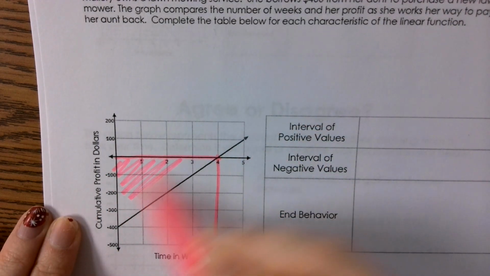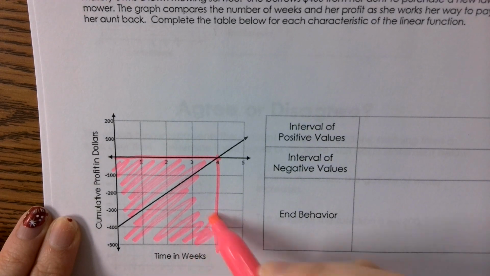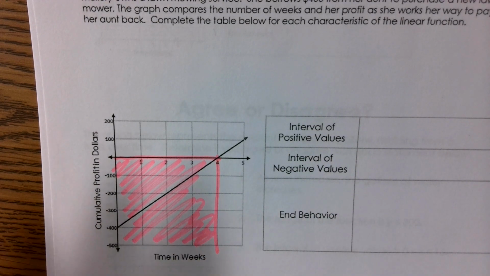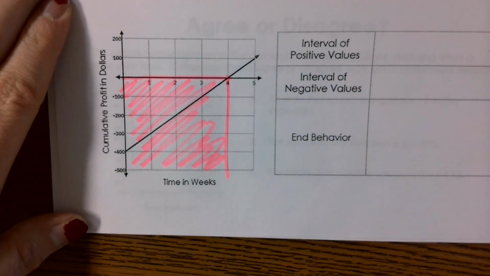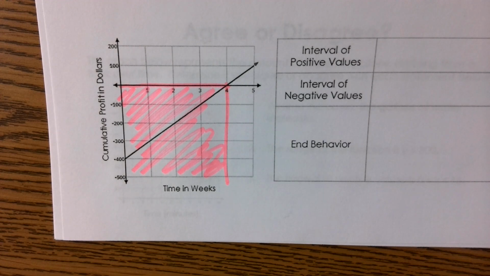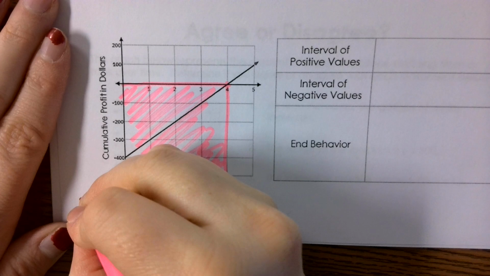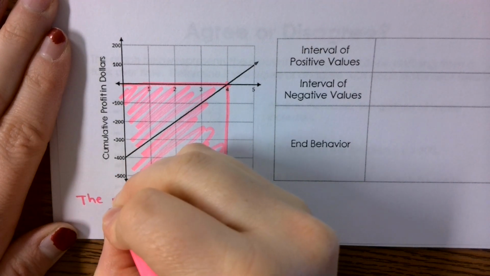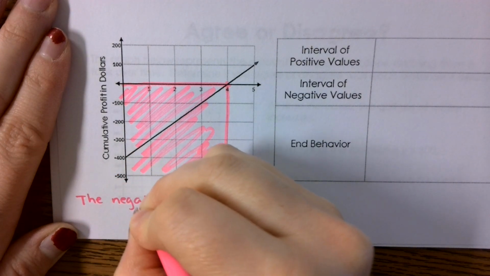This portion, I'm going to highlight in my pink. And what this information is relating to is the negative region. And those are the intervals where your function is below your x-axis. So those are when your y values are considered to be negative. So let's write that down. That's called the negative region.